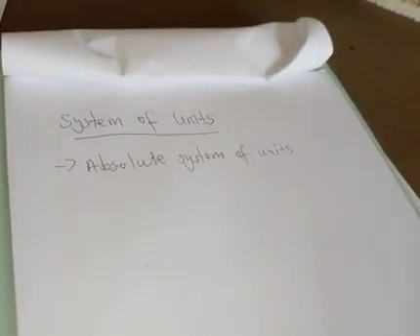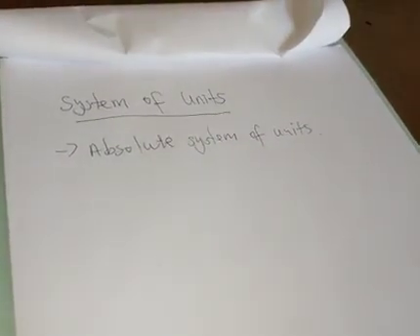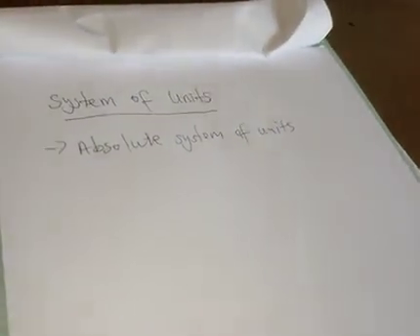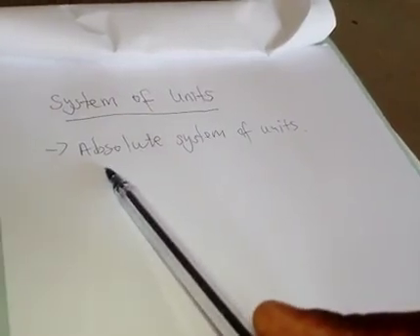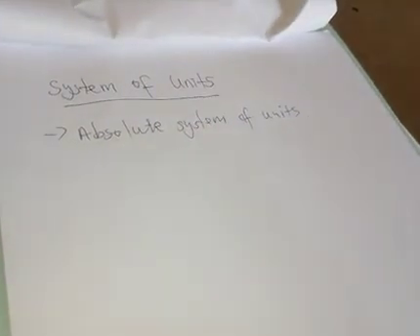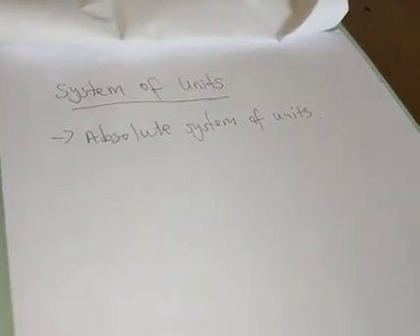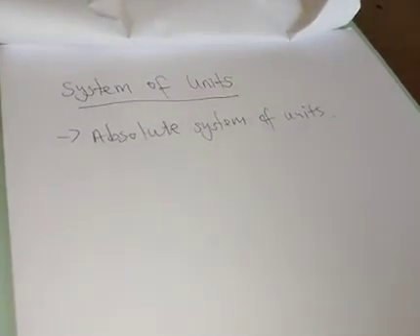So I'm repeating, system of units simply refers to a collection of units which are considered fundamental and all other units are derived from them. Such a system of units is called an absolute system of units. Hope that's clear. Then we have some examples of physical quantities in this system of units.